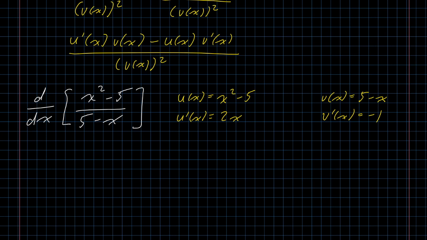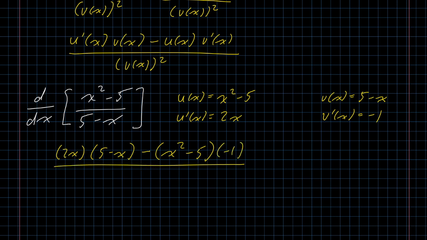All right, I'm going to have u prime, which is 2x, times v, which is 5 minus x, minus u, which is x squared minus 5, times v prime, which is -1, all over v, which is 5 minus x, squared.